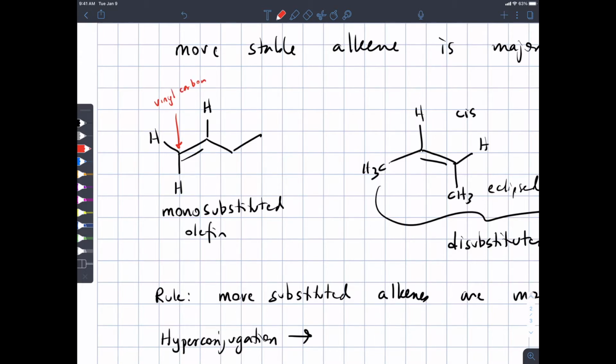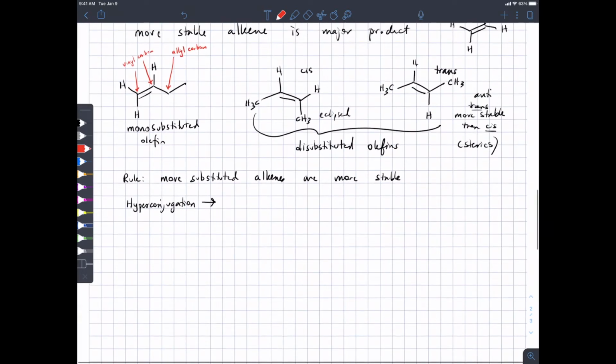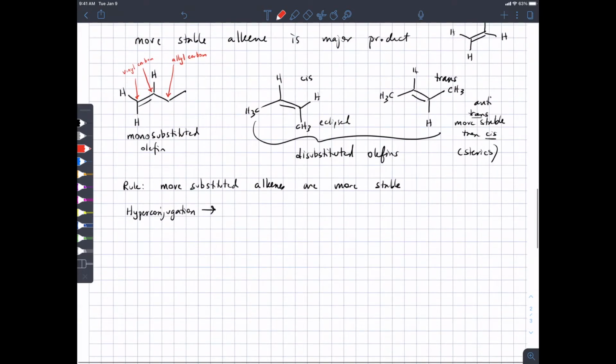So both of those are vinyl carbons. A carbon that's adjacent to a double bond is called an allyl carbon. You don't need to memorize that, but I'll use those terms in lectures, so it'd be useful to know them.